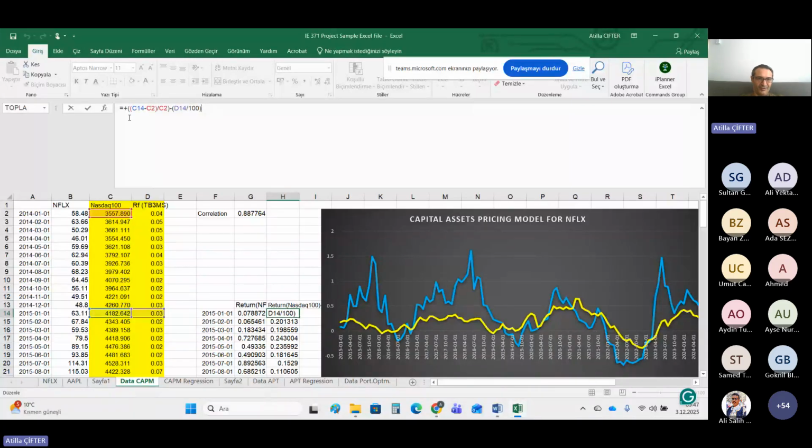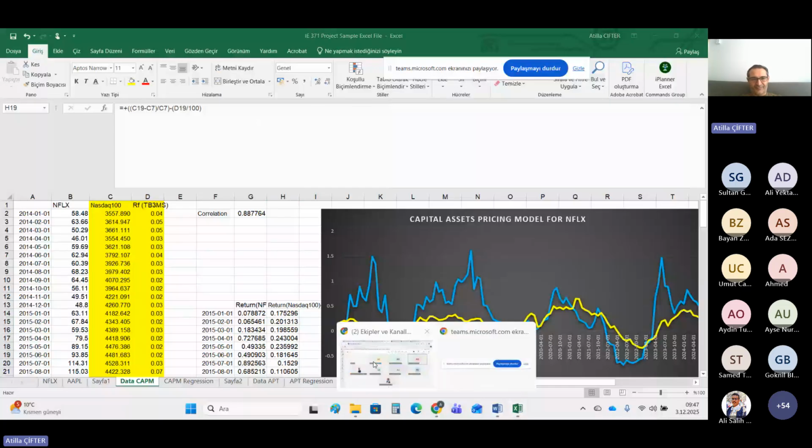It takes C14 minus C2 divided by C2, which is the growth rate for Nasdaq, minus the treasury bill rate divided by 100, because it's a monthly treasury bill rate. Therefore, I just divide by 100. So it's already calculated. You don't need to use any formula, since the formula is already inside the Excel file.